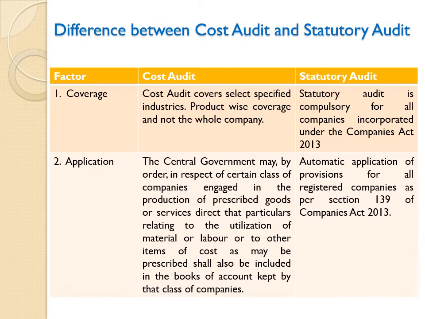The central government may, by order, in respect of certain classes of companies engaged in the production of prescribed goods or services, direct that particulars relating to the utilization of material or labor or other items of cost as may be prescribed shall also be included in the books of accounts kept by that class of companies.